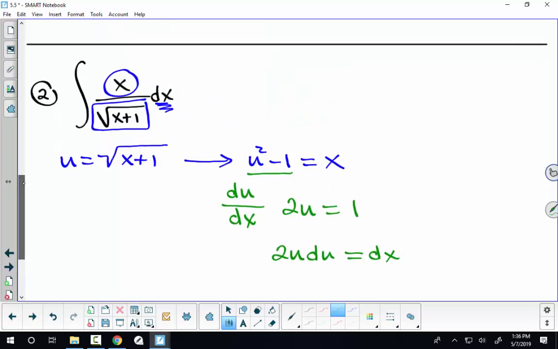So then the dx here is 2u times du. So the integral: x was u squared minus 1, the square root of x plus 1 was u, and then our dx was 2u du.